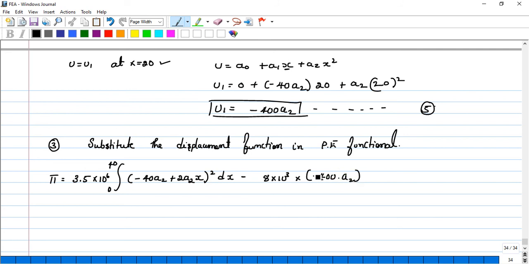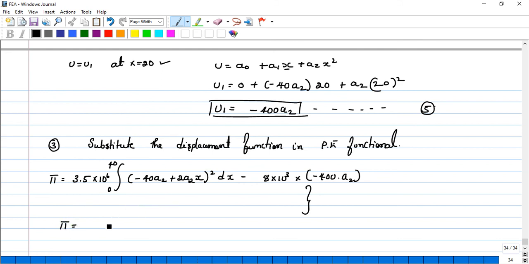So this is u1. After simplification, these steps you need to do at home. Directly I will be writing the potential energy function after substitution.